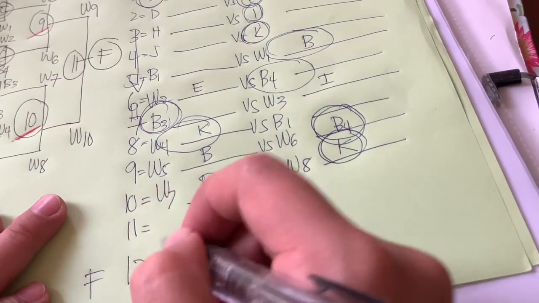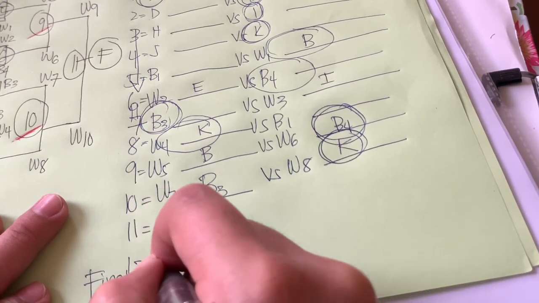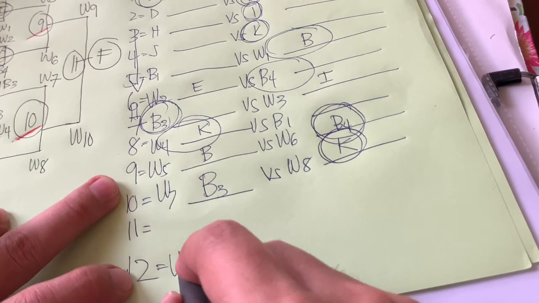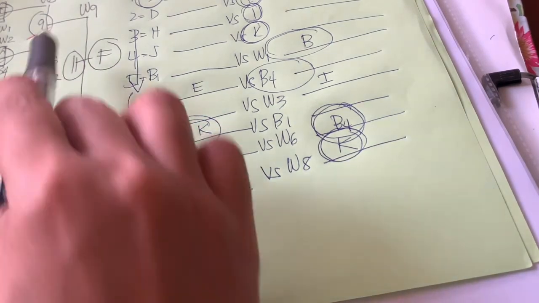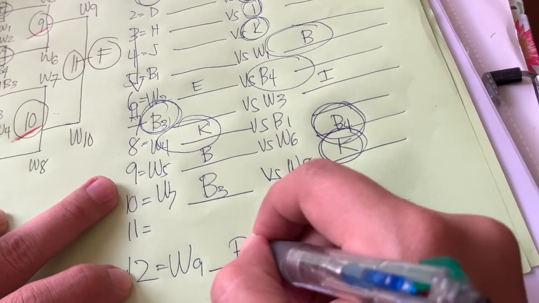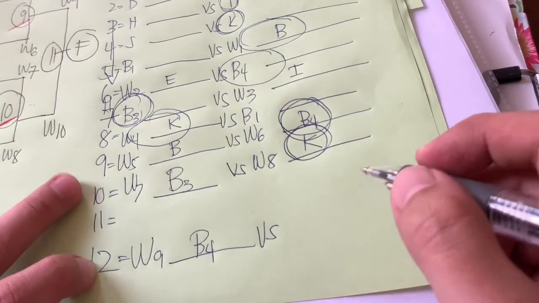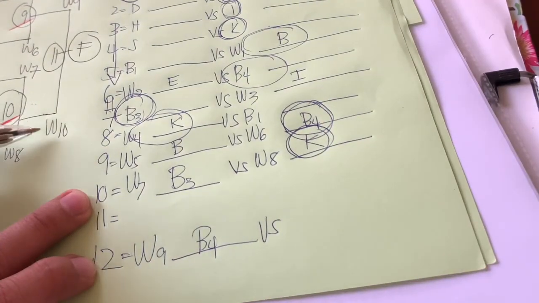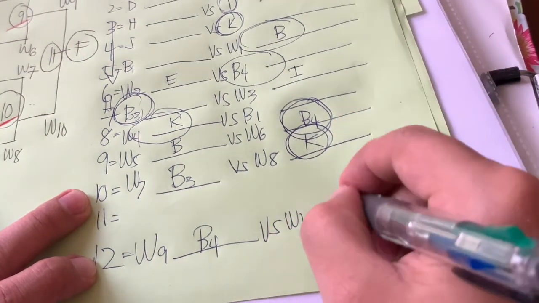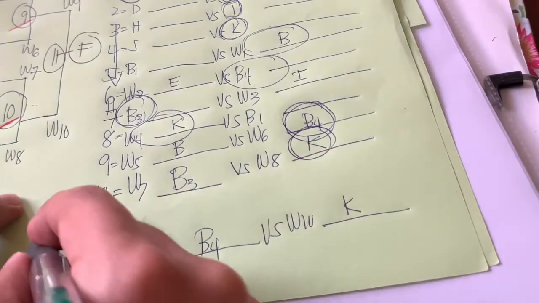This is the finals. Okay. So look at your fixture here. Winner 9, who is your winner 9? Bye 4 versus winner 10. Look at your fixture. Winner 10 will be K. Okay, and this is the finals.